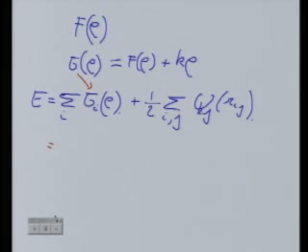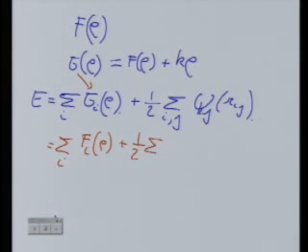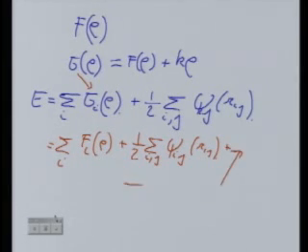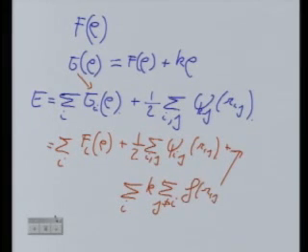So I get that this is the sum over i of f_i of rho, plus 1/2 the sum over ij of psi_ij of r_ij, plus the sum over i of k times the sum over j not equal to i of f(r_ij), where rho_i was the sum over j of f.